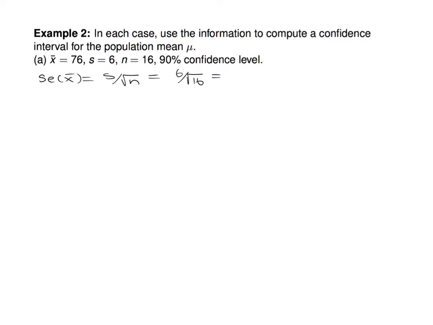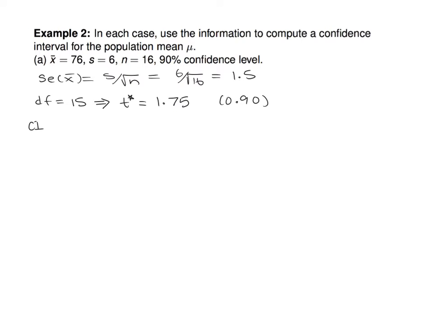Well, that's 6 over 4, or 1.5. To find T-star, the degrees of freedom is 15. So that tells us that T-star is equal to 1.75, looking in the column for 0.90.